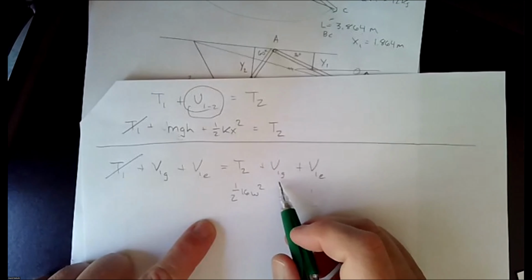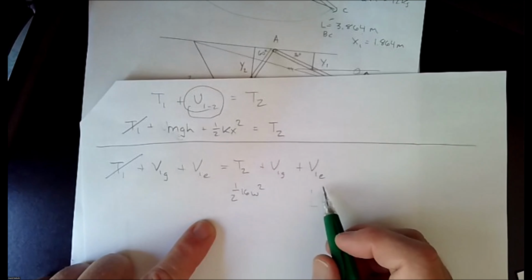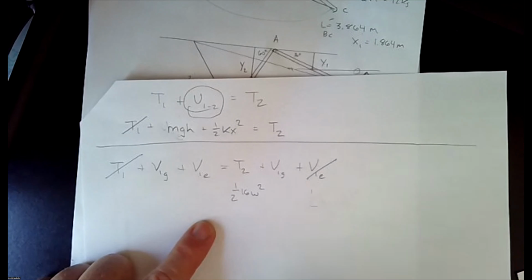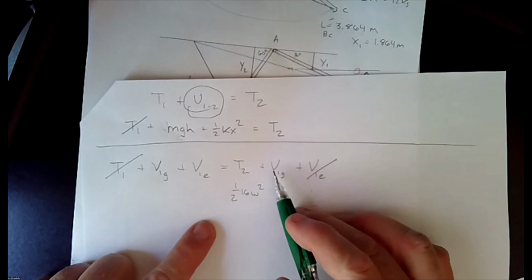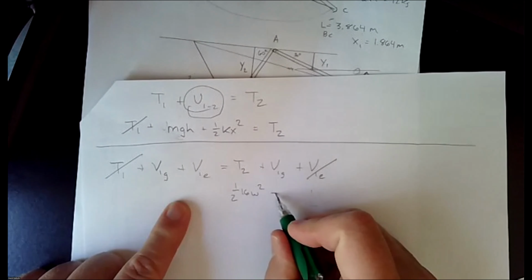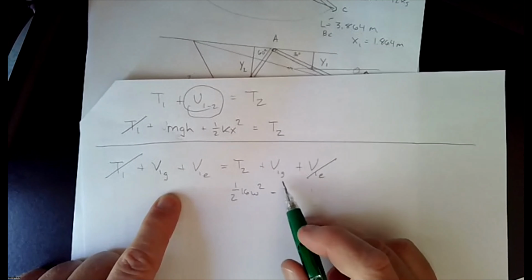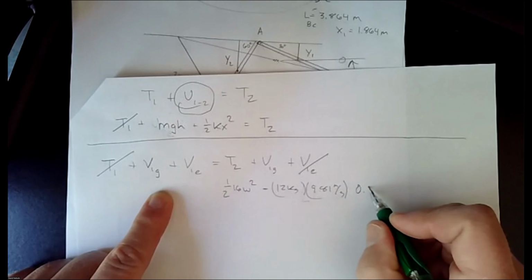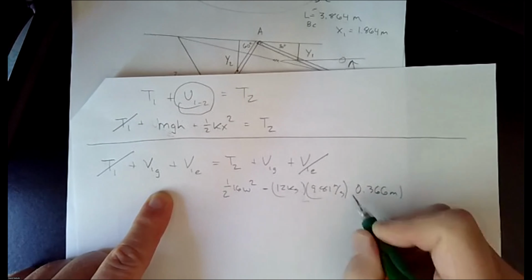And then my V1G, for elastic there'll be none, right? So the only thing on this side is that I'm going to have to subtract off this change in height. That's going to be minus 12 kilograms times 9.81, so my mass times gravity times my height, which was 0.366 meters.